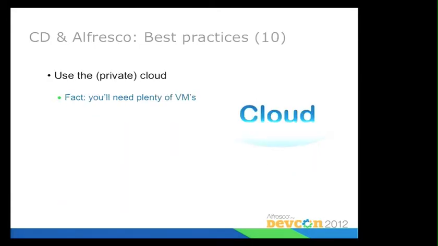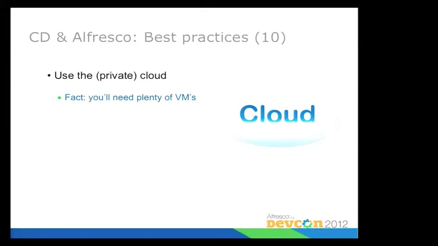Right, the last piece of advice here for the best practices is that you should use the cloud. There's been lots of hype about using cloud or not using cloud. But the fact is that when you're doing continuous delivery, you're going to need quite a bit of virtual machine infrastructure.